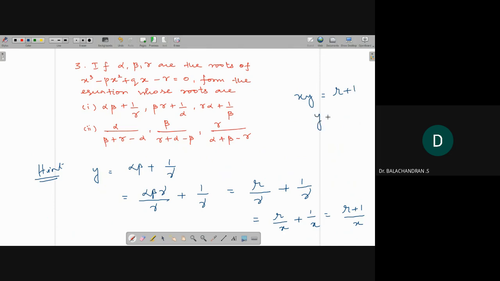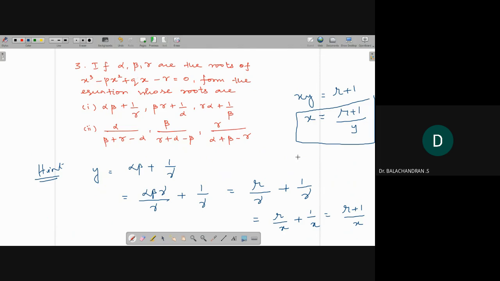I need x in terms of y, so x is equal to R plus 1 by y. So we need to substitute x is equal to R plus 1 by y in this equation.